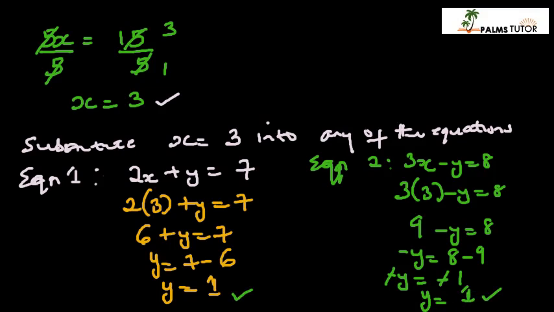Now that's not the final step. You have to verify whether you are right or wrong. And how do you do that? We move to our equations and substitute. Any of the equations you pick. Let's say I pick equation 1, 2x plus y equals 7. Now my x equals 3 and y equals 1.